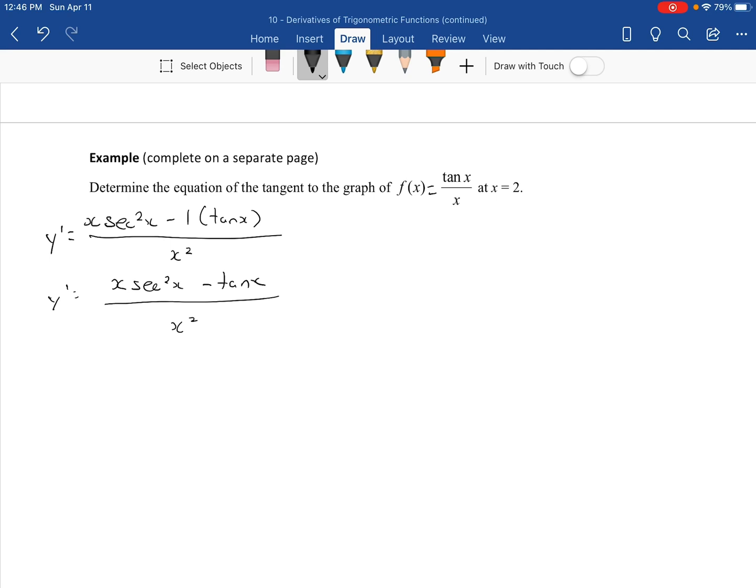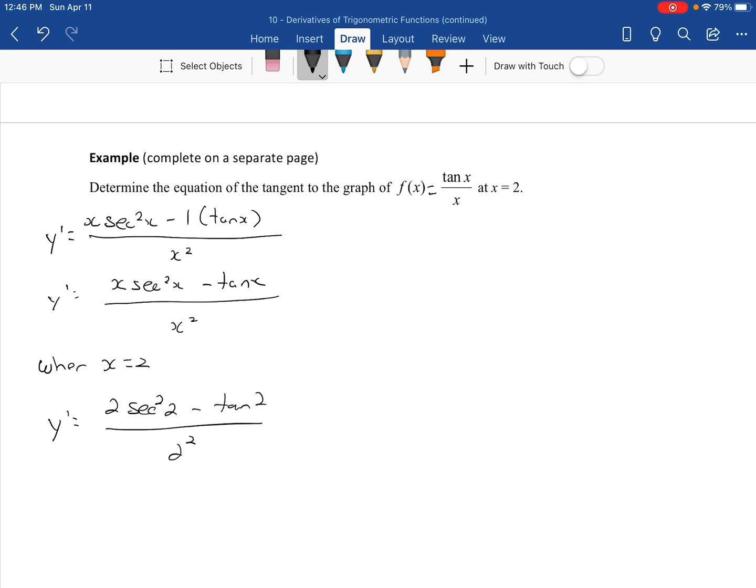We'd get an x sine squared minus sine x cos x over cos x over x squared cos x, something like that. But I don't think it really achieves too much here in a final answer. But there you will see trig moves like that because we want to know what's the slope at a specific value. So why not just sub in here when x equals 2, y prime equals 2 secant squared 2 minus tan of 2 over 2 squared.